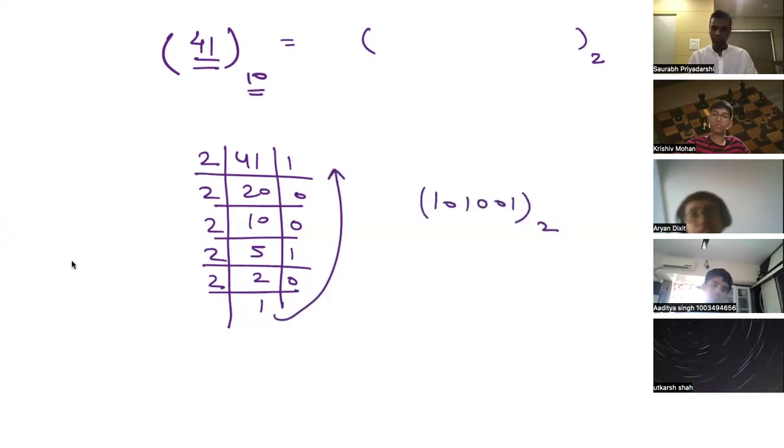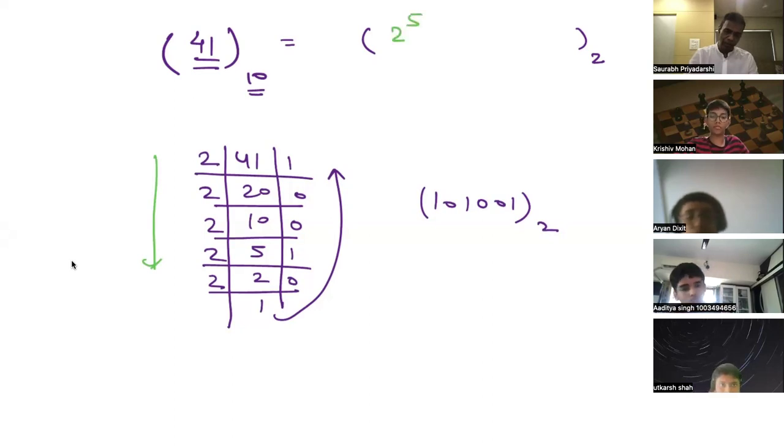This is the base 2 number. But why write it like this? It's the kiddies' way to write every time. We know that 41 is nothing but 2 to the power 5, 32, plus 2 cubed, 8, is 40, plus 1, which is 2 to the power 0.